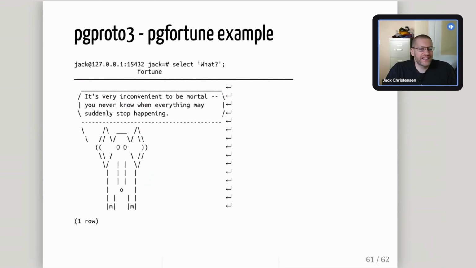Okay, so back to the beginning. This is how that worked. pgproto3, there is an example in the pgx repo. It's under pgproto3/example/pgfortune. And it builds a fake Postgres server that whenever you send it a query, it responds with fortune piped into cowsay.